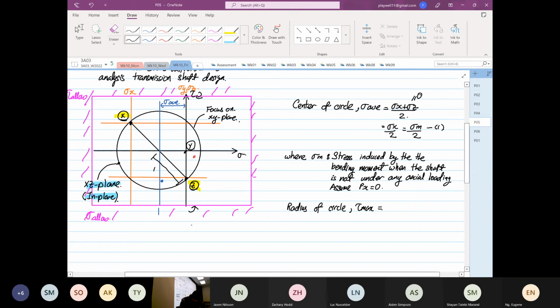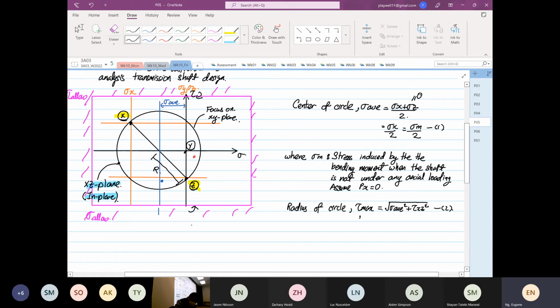Okay, R is the radius of the circle. So we are going to calculate it. So tau max is equal to the square root of stress average squared, right? Plus the shear xz squared. Okay, and then that is our equation number 2.